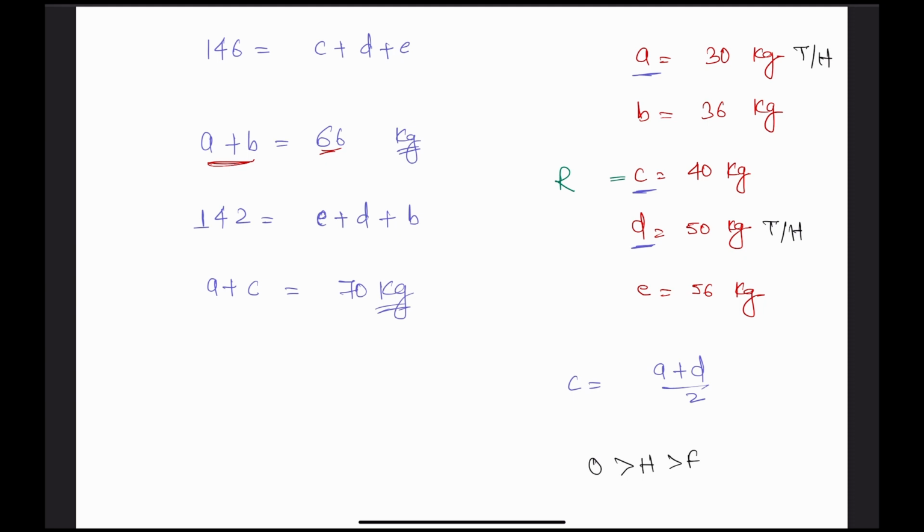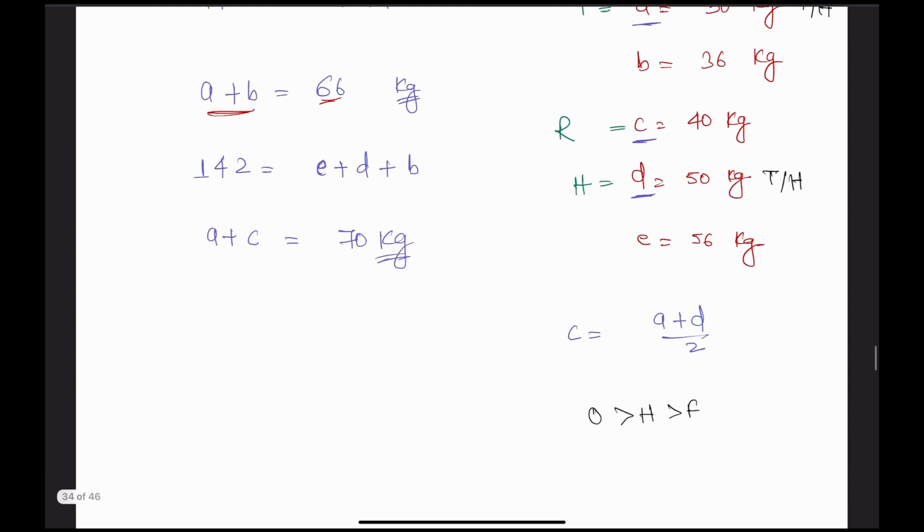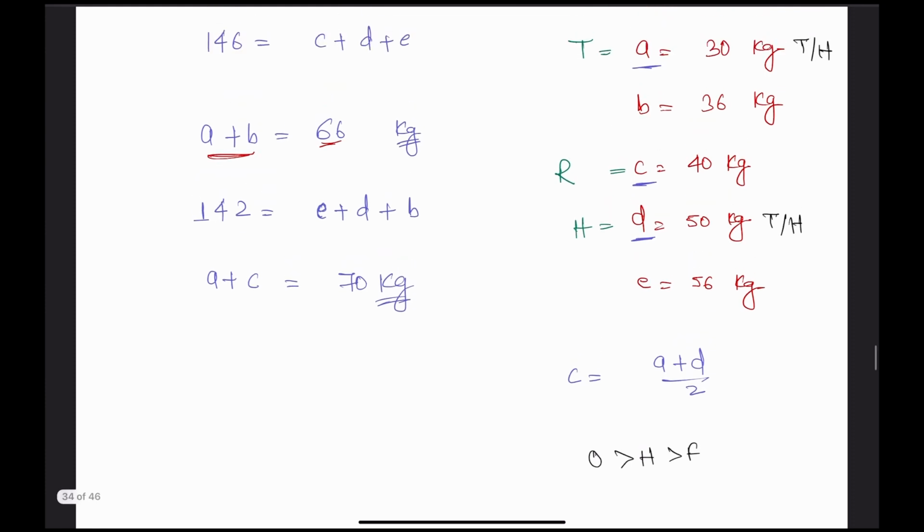So one thing is sure with this statement: this is H, this is T. Now the next question is, what will be F? F is lighter. So if this is H, what is lighter? This will be F, and heavier it will be O.